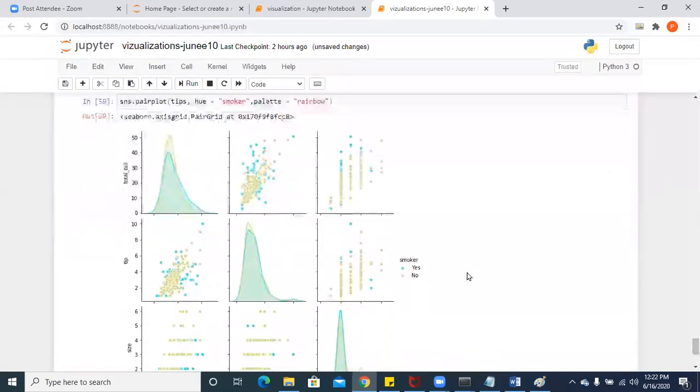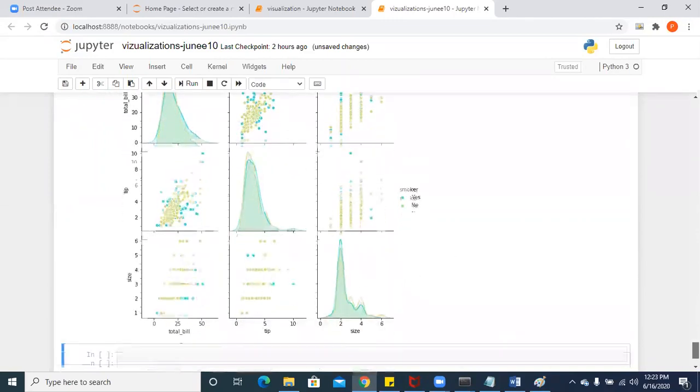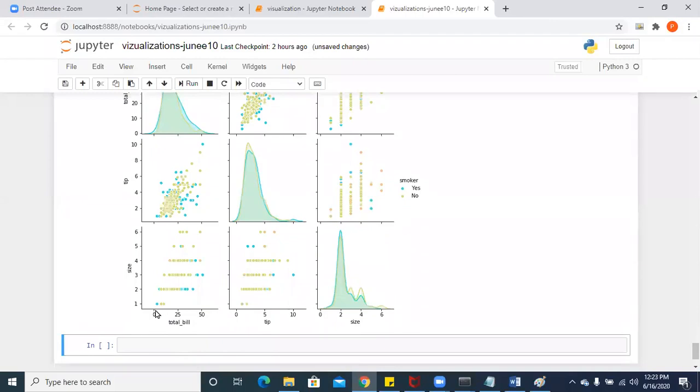Here, light sky blue is smokers and green is no. So if you see total bill, a person who paid 10 rupees was a male and non-smoker, and he gave a tip of $1.